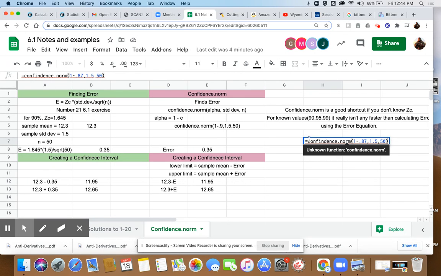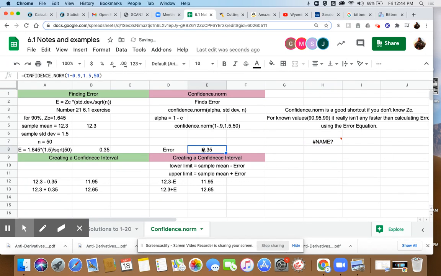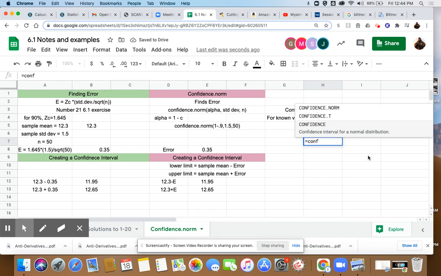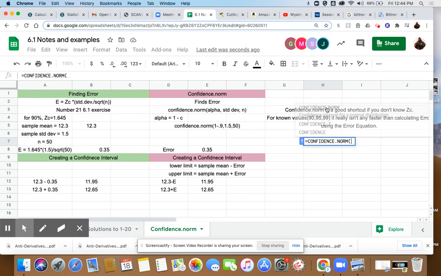Equals is unknown. It's giving me an error there because it doesn't like something I typed in. Try it again. Equals. There it is. I probably spelled something wrong. Again, 1 minus 0.87, and this is just what I'm making up, comma 1.5, comma 50.